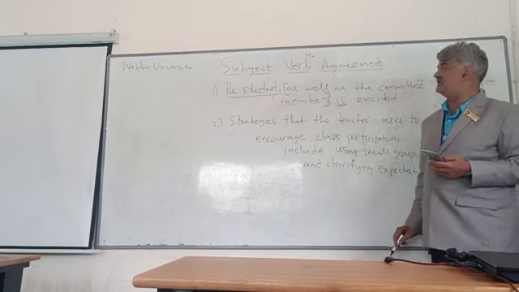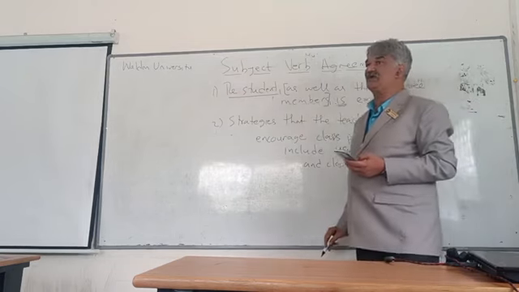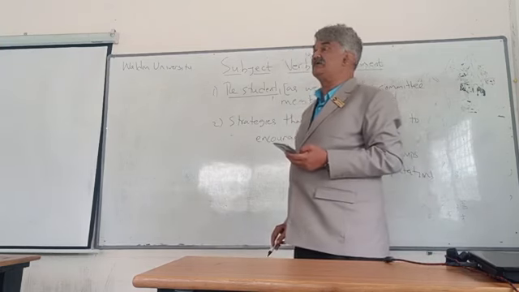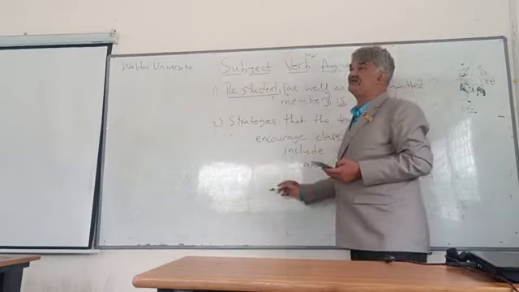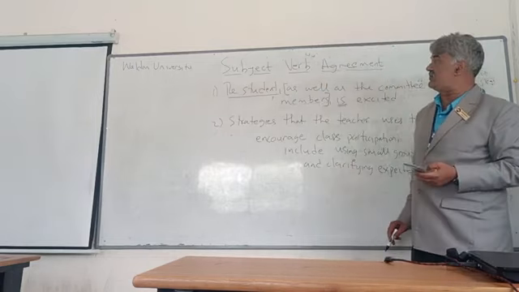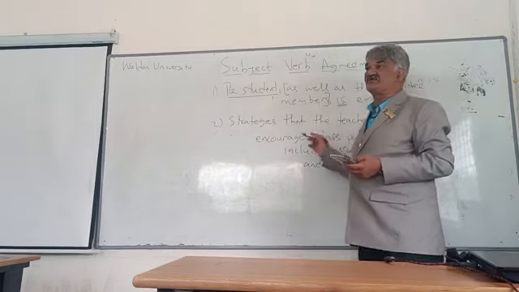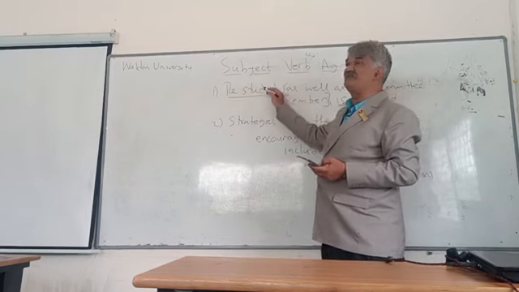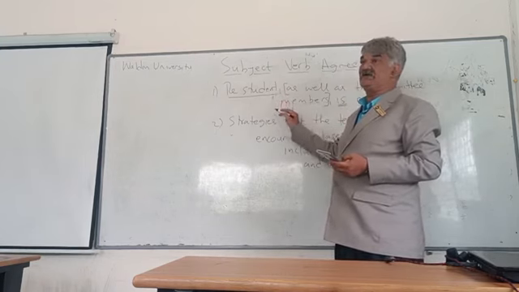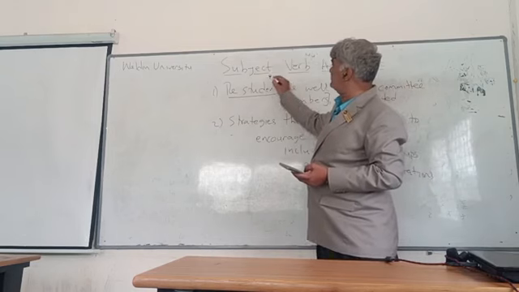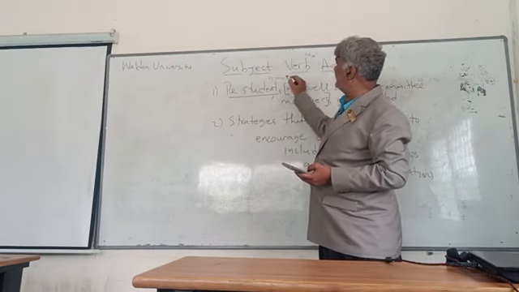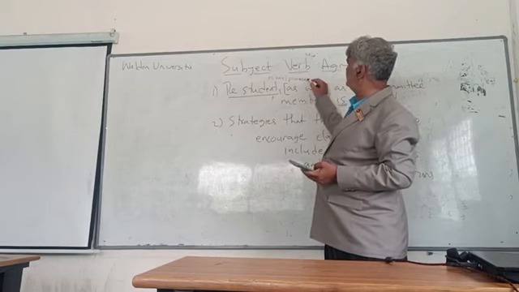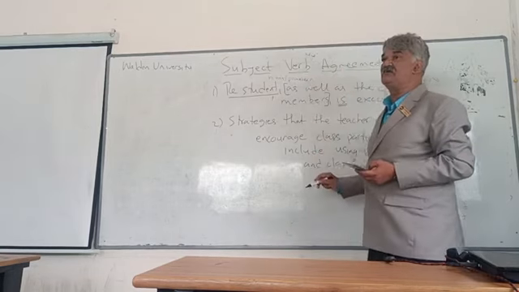Okay? Now, how do I identify the subject in these kind of sentences? One way is, the subject will usually come in the beginning, right? And the subject will usually be a noun or a pronoun.